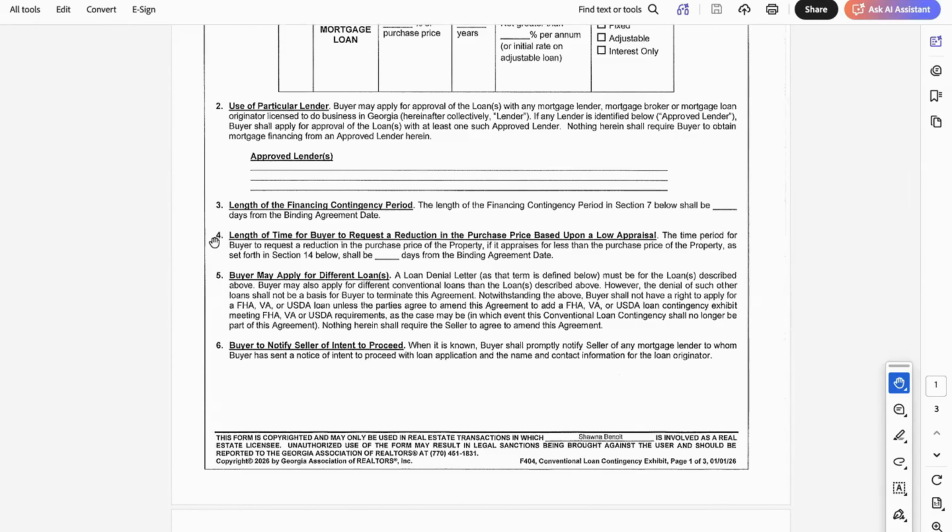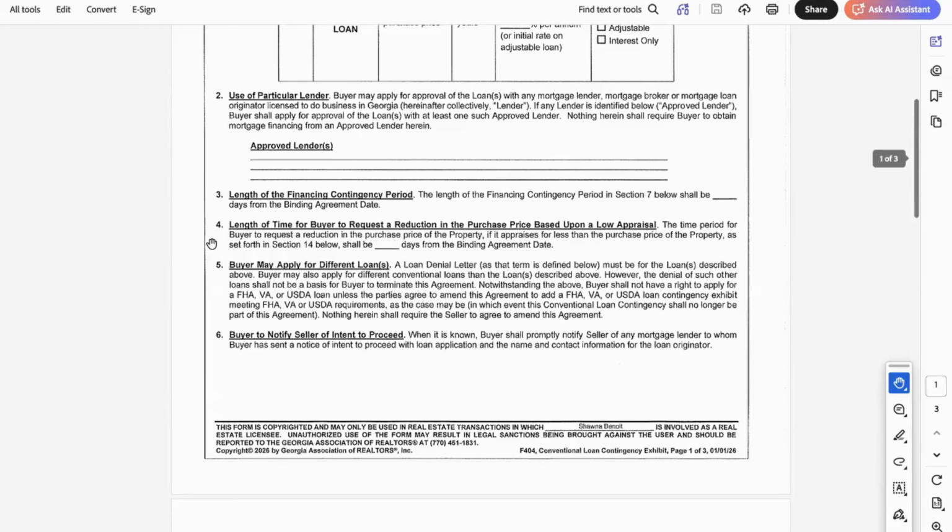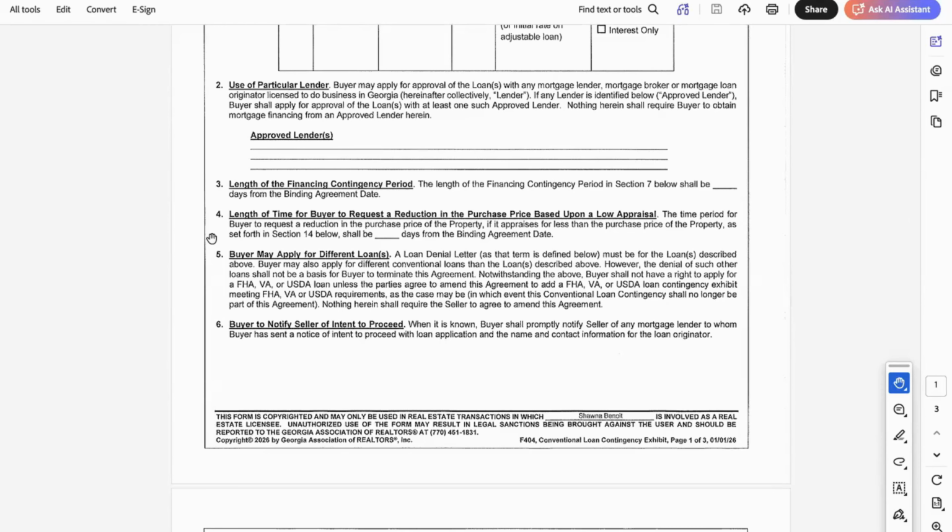Length of time for buyer to request reduction in the purchase price based upon low appraisal. This sets the number of days the buyer has to request a price reduction if appraisal is low. This deadline is separate from the financing contingency.